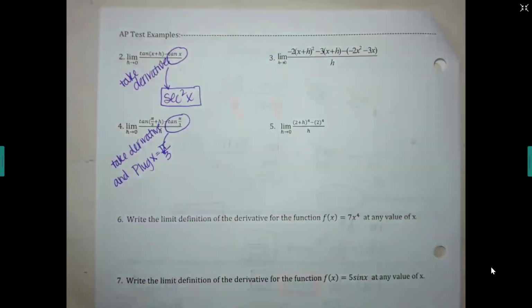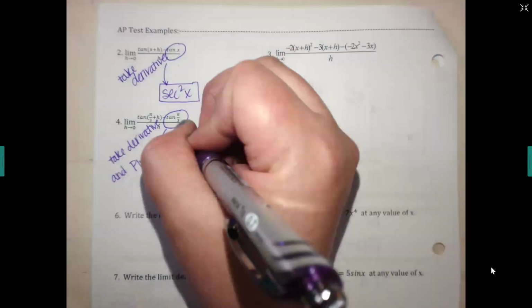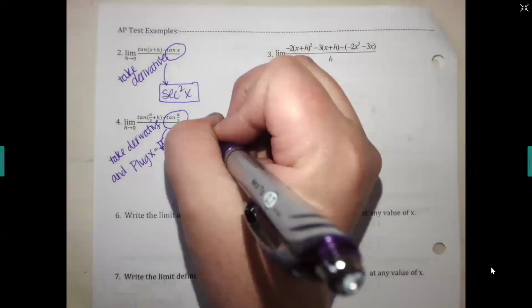If they replace the x with a value, then you have to plug that value in. What did we already say the derivative of tan gave us? Secant squared x, and then I'm going to plug in pi thirds for my x.